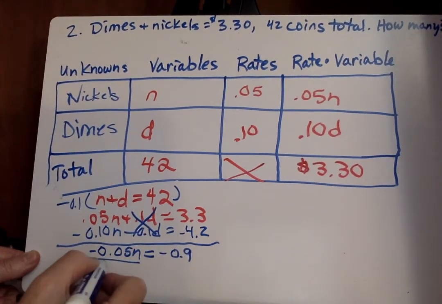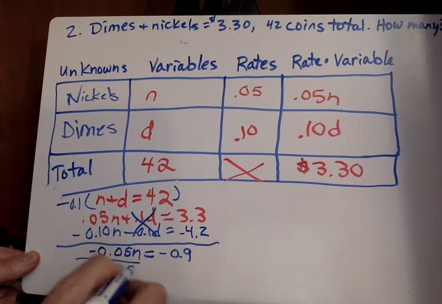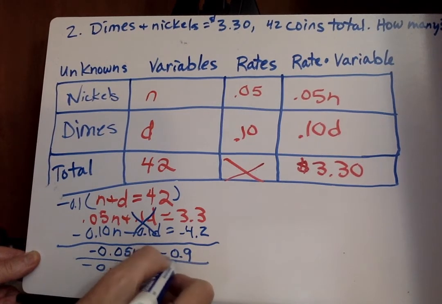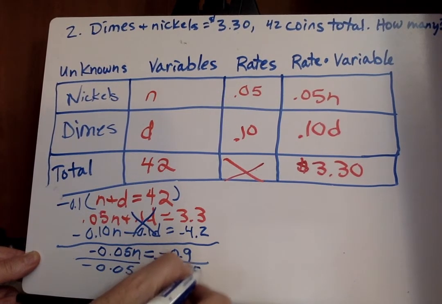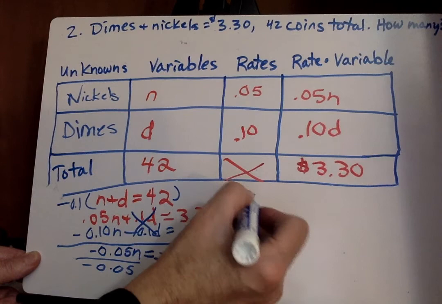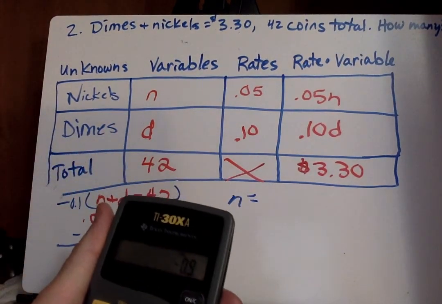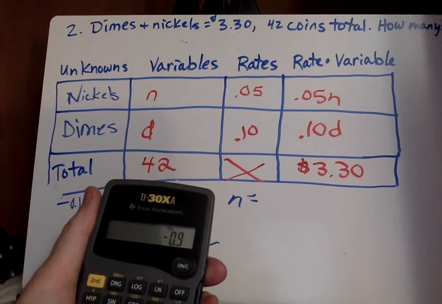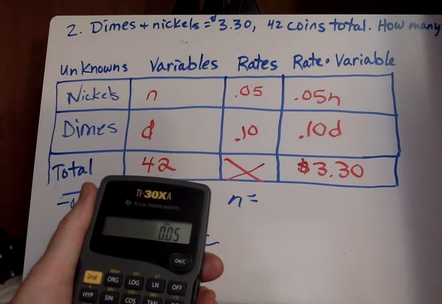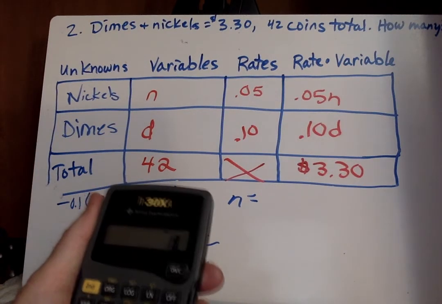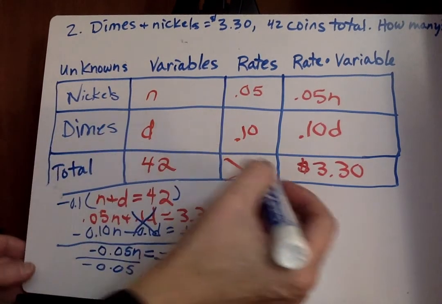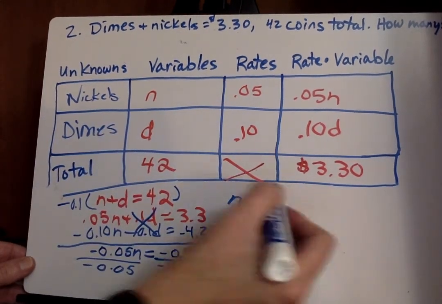Divide by negative 0.05. And this will give us what N is. So if I divide by 0.05, I get 18. So the number of nickels is 18.